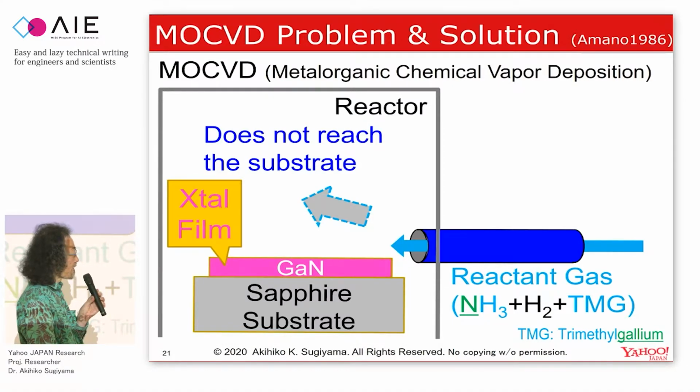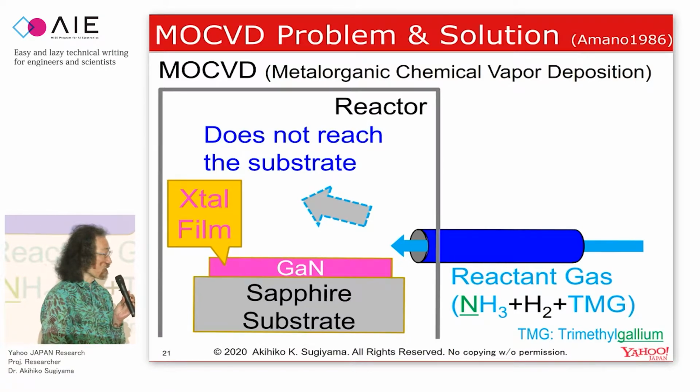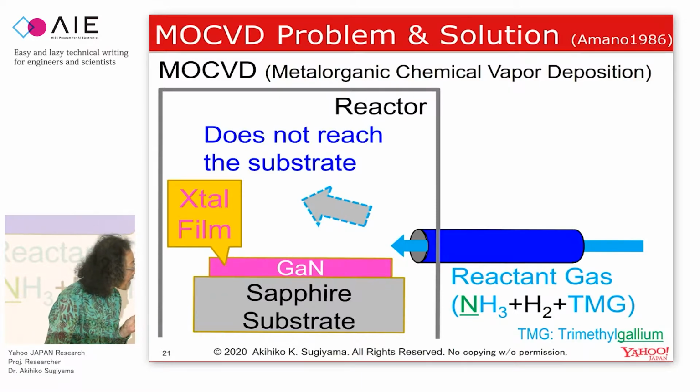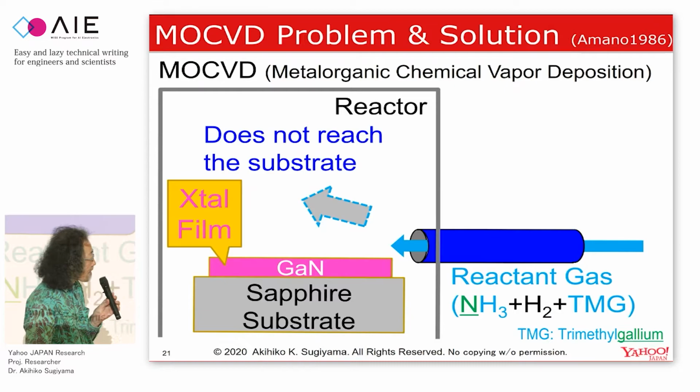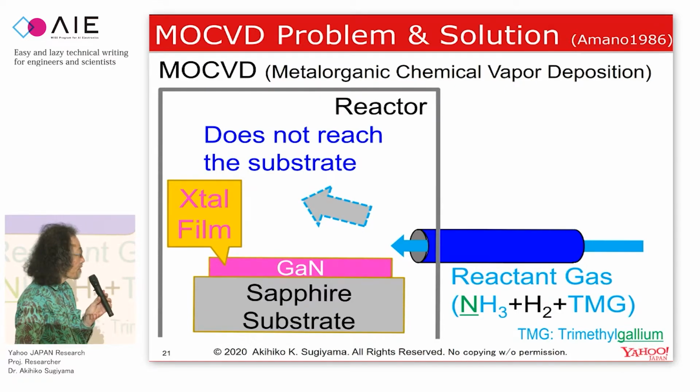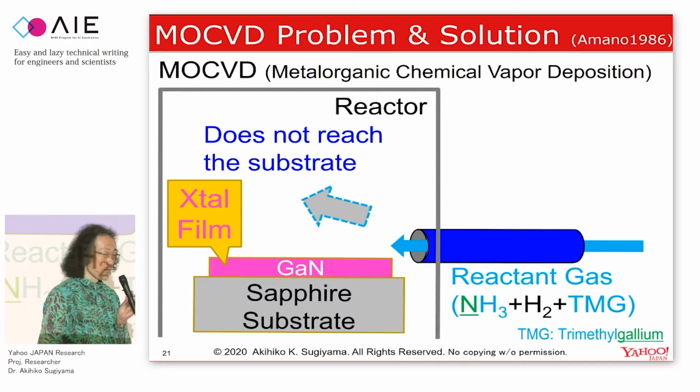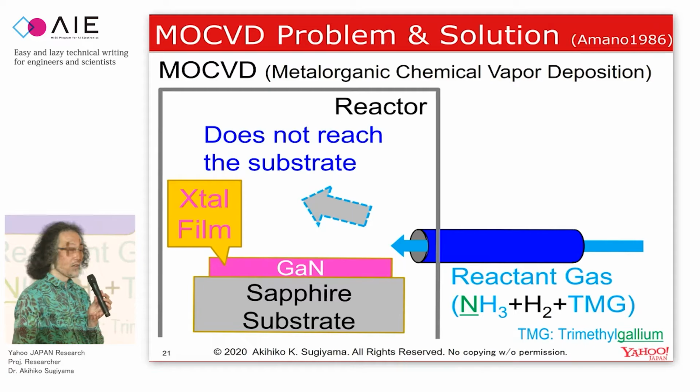He was sending reactant gas consisting of nitrogen hydrate and TMG. TMG means trimethyl gallium, which is a metal compound, perhaps.